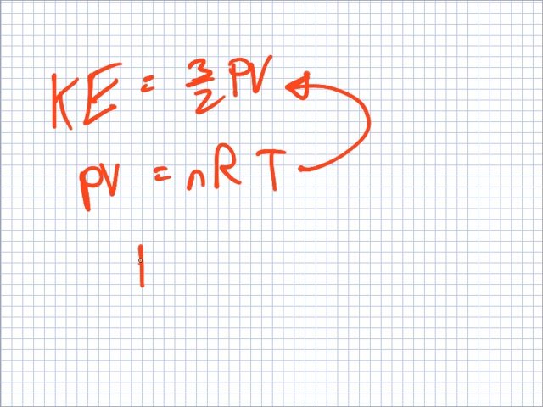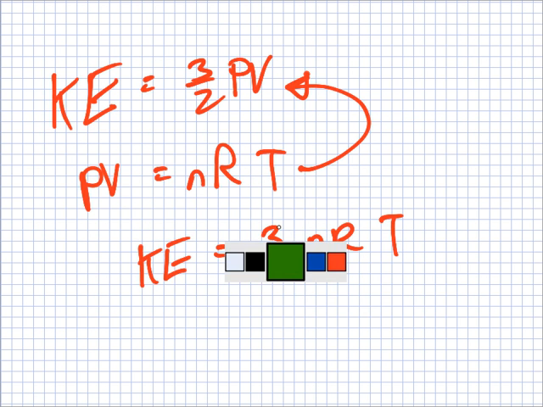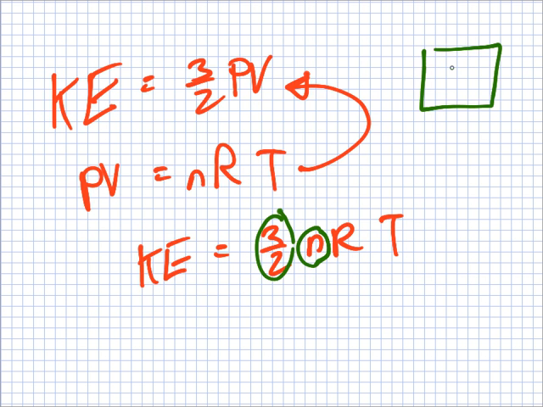So you can get kinetic energy is 3 over 2 NkT. Now, 3 over 2 is a constant, yeah? N is a constant. I mean, for some gas, it's a constant. If you don't let the gas leak out or put more gas in, if you just had a box with some gas in it, this is constant, this is constant, this is constant.